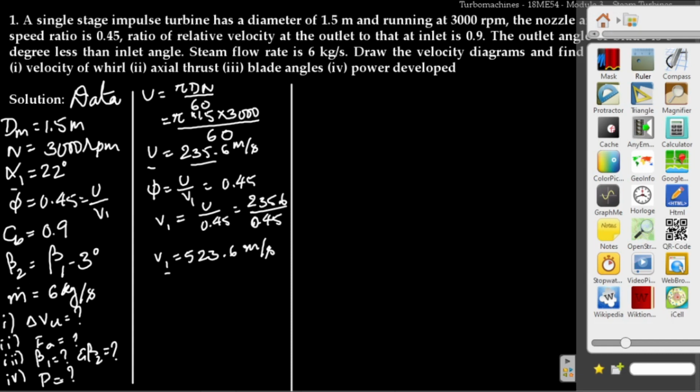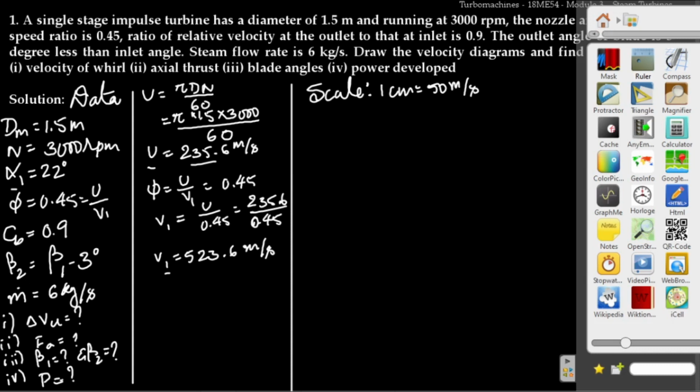So here I'll take the scale as 1 centimeter will be equal to 50 meter per second. So if I draw a 1 centimeter line in the velocity triangle, it indicates that the velocity at that point is 50 meter per second.